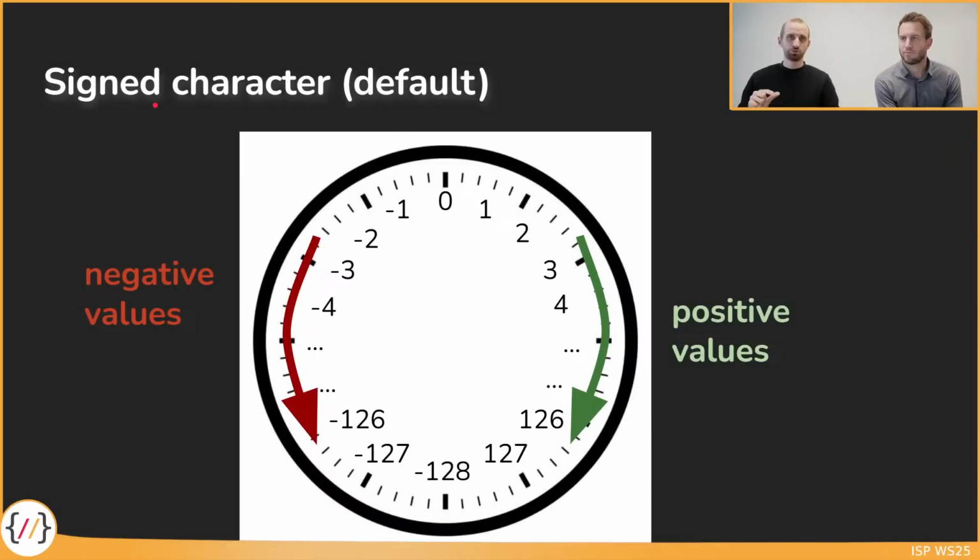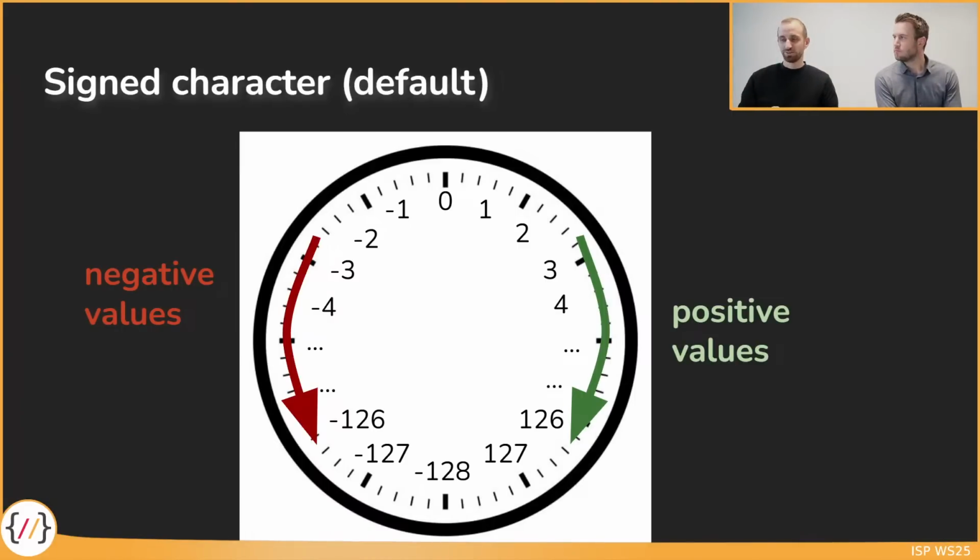I can use this keyword signed, but by default, if I create an integer or a character or whatever, it's always signed. So if you do not write signed or unsigned, it's always signed. It always thinks you need the negative values.